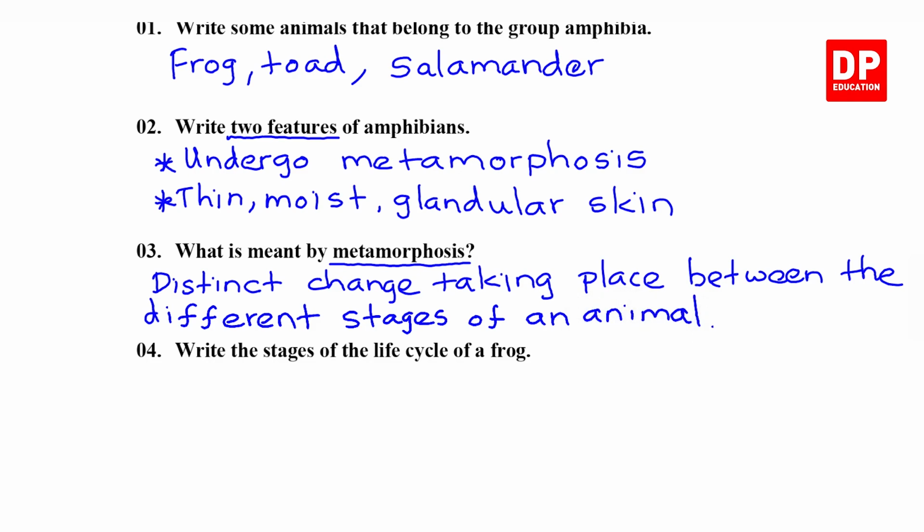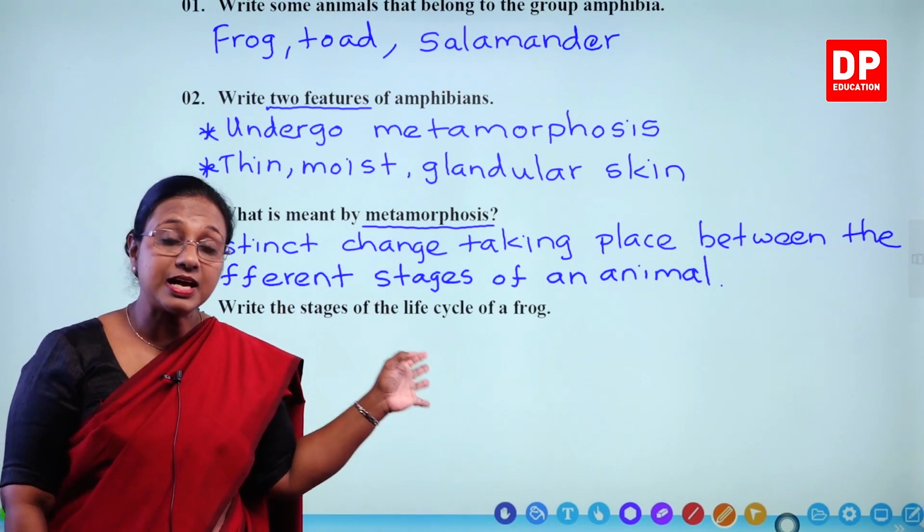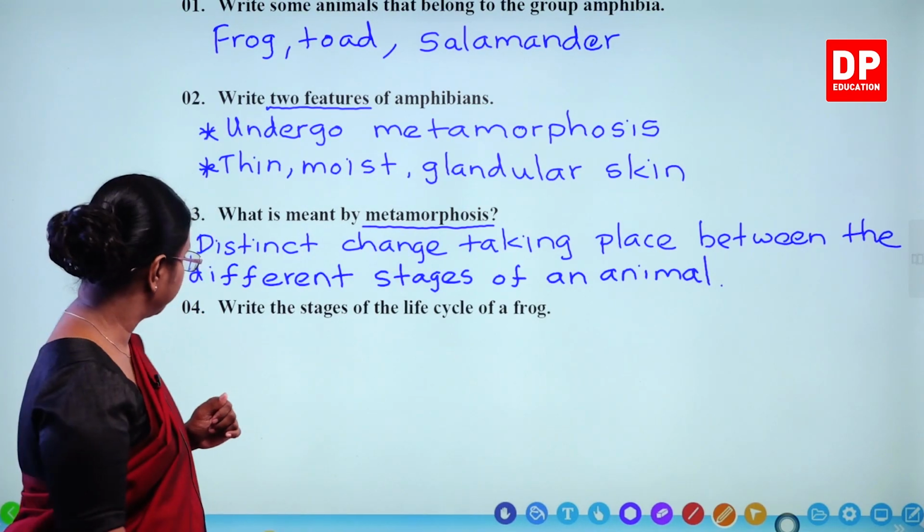Here, students, I have just explained what metamorphosis is. You will be discussing what metamorphosis is in a different unit.